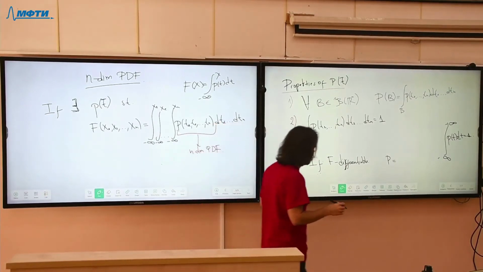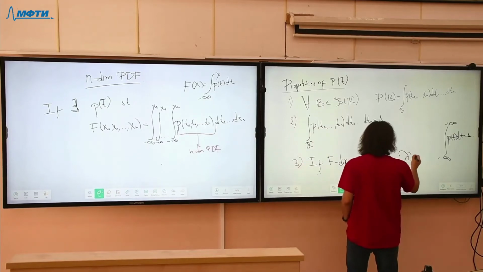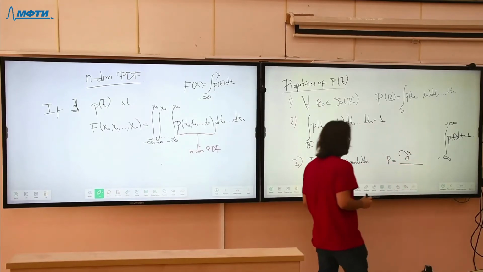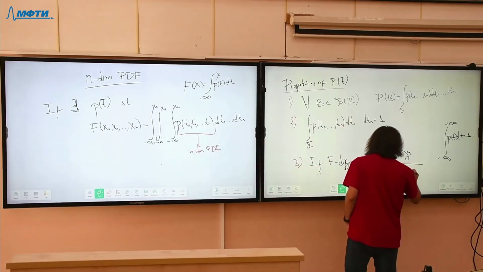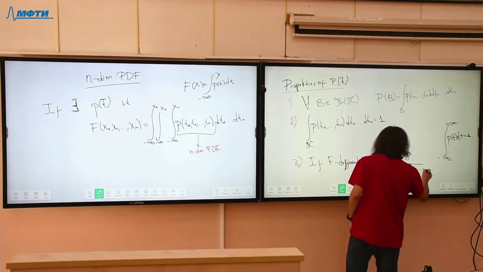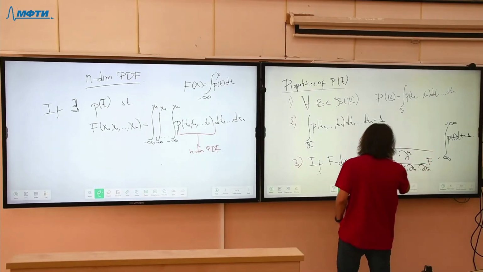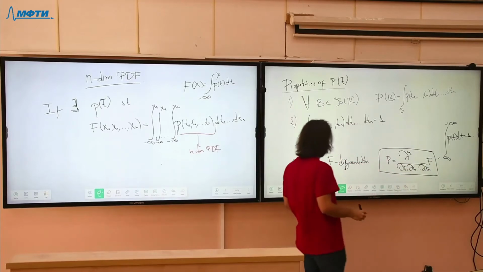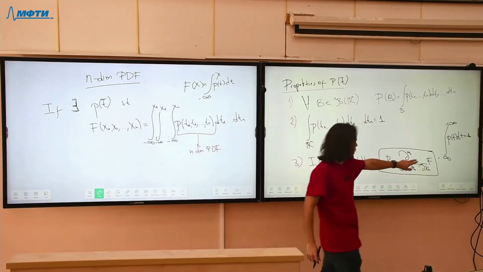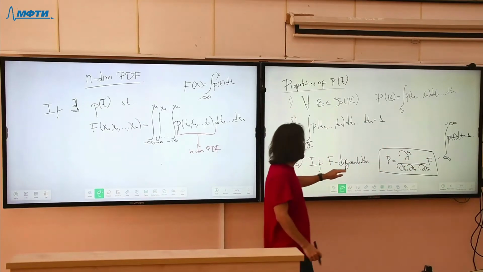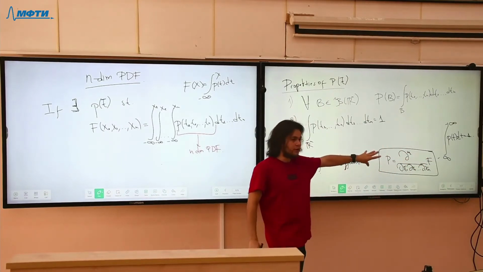So we have what? The partial derivative, is that the name? The partial derivative of F with respect to x1 through xn. So we can easily find the density if we know F, but only if F is differentiable at these points.